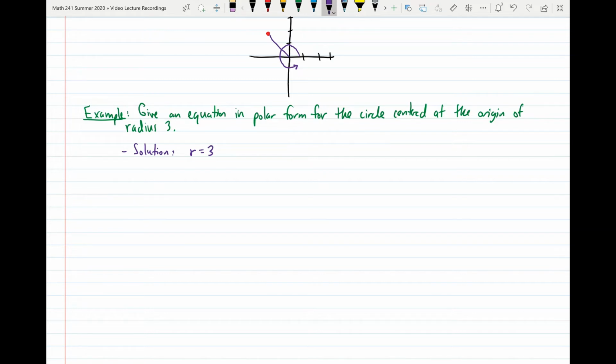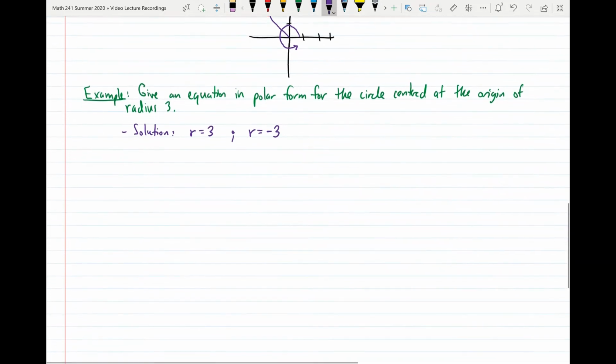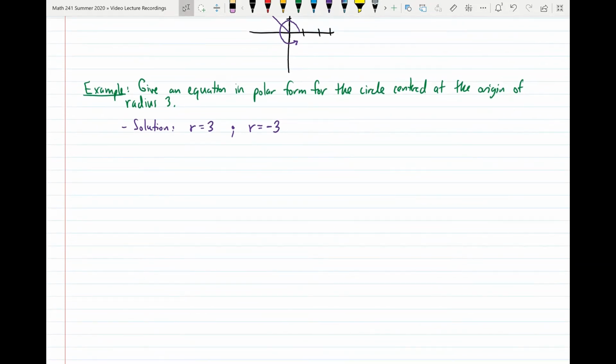But we could also write the equation r equals minus 3, which would also be all points that are minus 3 units from the origin. And any point that is 3 units from the origin, when viewed with the right theta, will also be minus 3 units from the origin in some other direction.